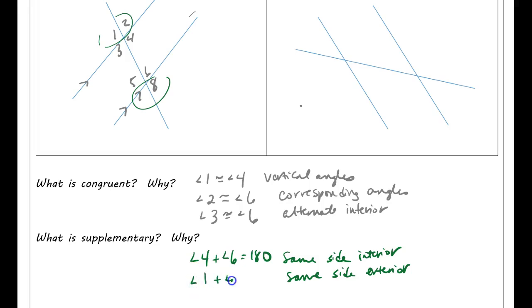So maybe angle 1 plus angle 7, or you could have done angle 2 plus angle 8. And the reason I stayed on the same side of the blue line, okay? Because if I jump across and I call it angle 1 and angle 8, then angle 1 and angle 8 end up being congruent by that other one that we added. What was that called? Alternate exterior angles.